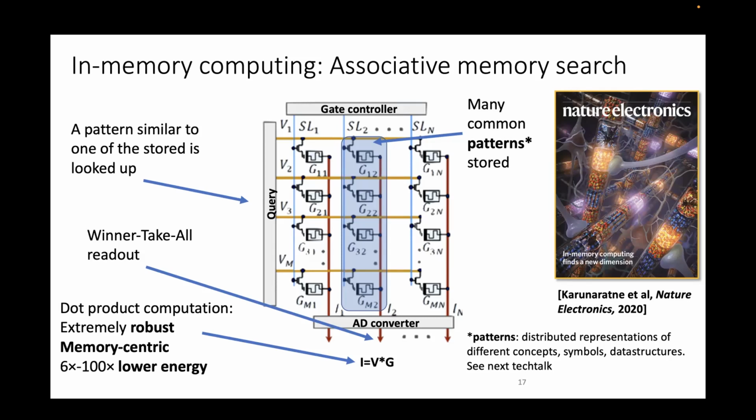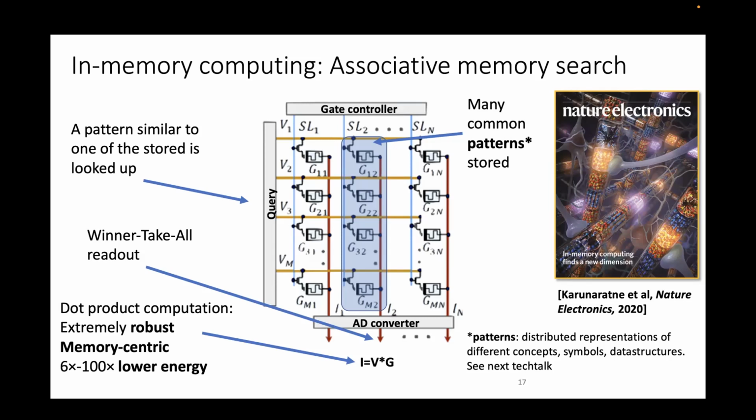They encode features of a specific phenomenon, so feature vectors, in rows of this chip.